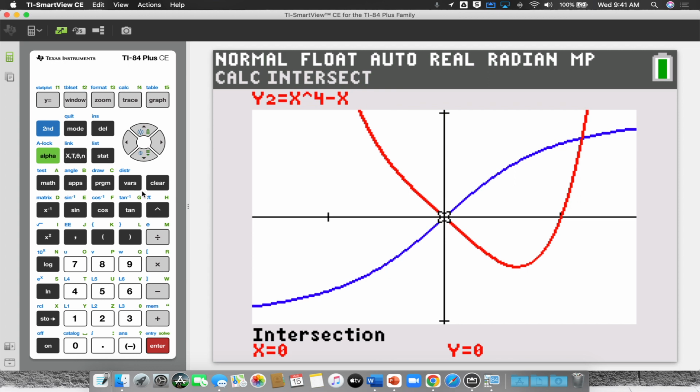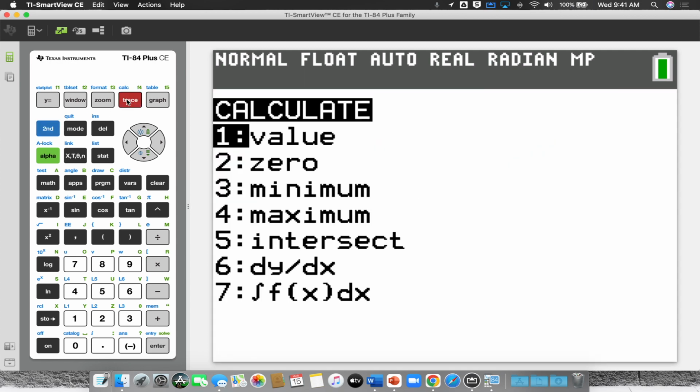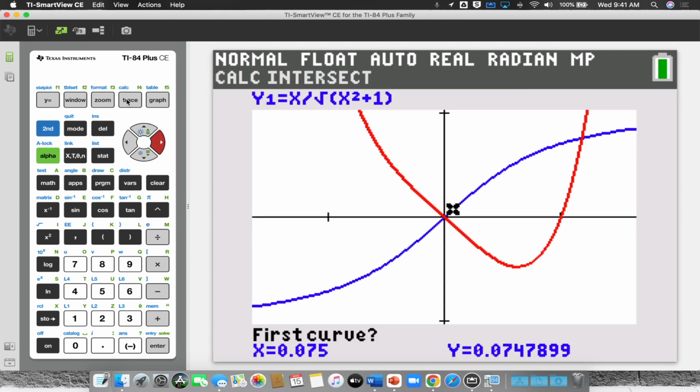And then let's do the next one. Second calc, intersect again. First curve, second curve, best guess. So I got to scroll to the best guess. You want to get as close as you can to the best guess. Does it have to be perfect?